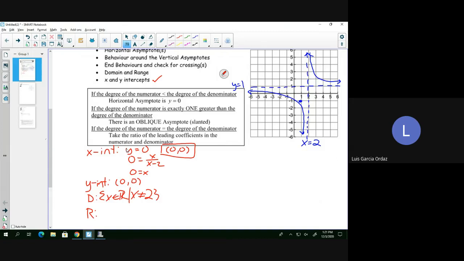In our range, we have y in the real numbers such that y cannot equal what number? 1. Okay, so this is our domain and range.